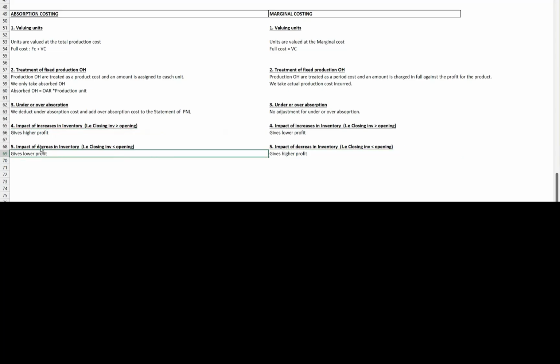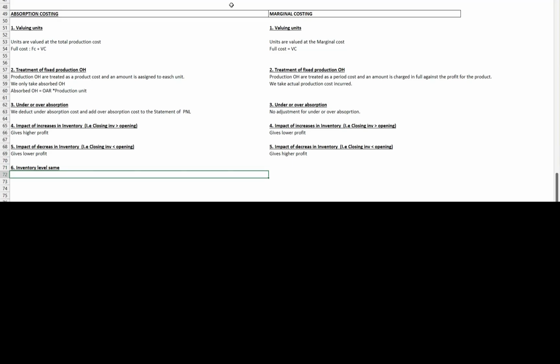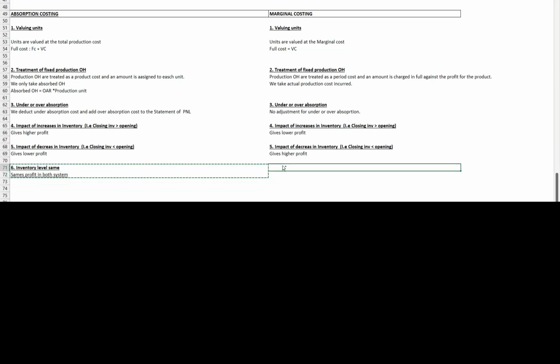And now what if the inventory level is the same? Then it is the same profit in both of the cases. Whether you are following absorption costing or marginal costing, it will give the same profit. There will be no difference, right?